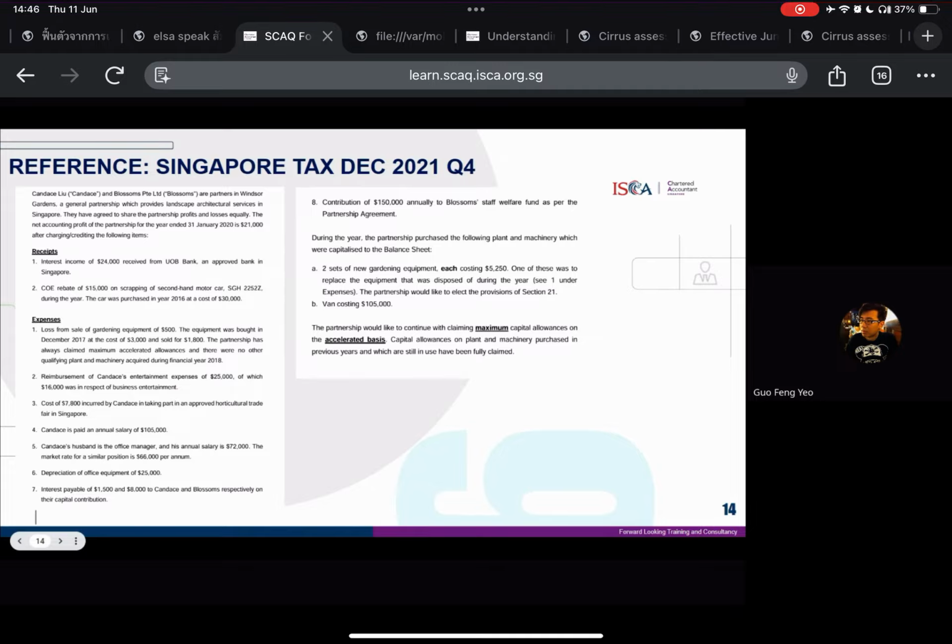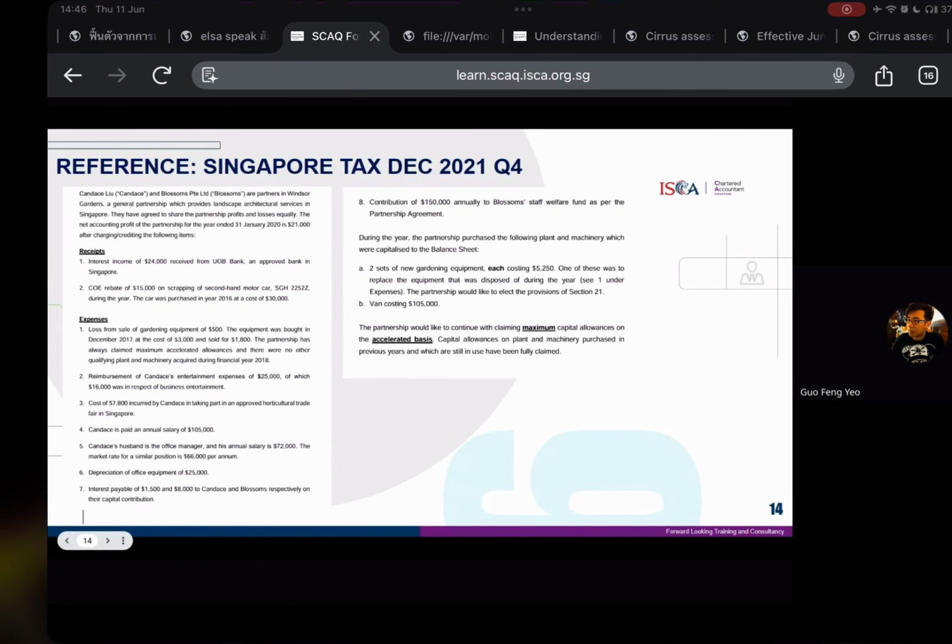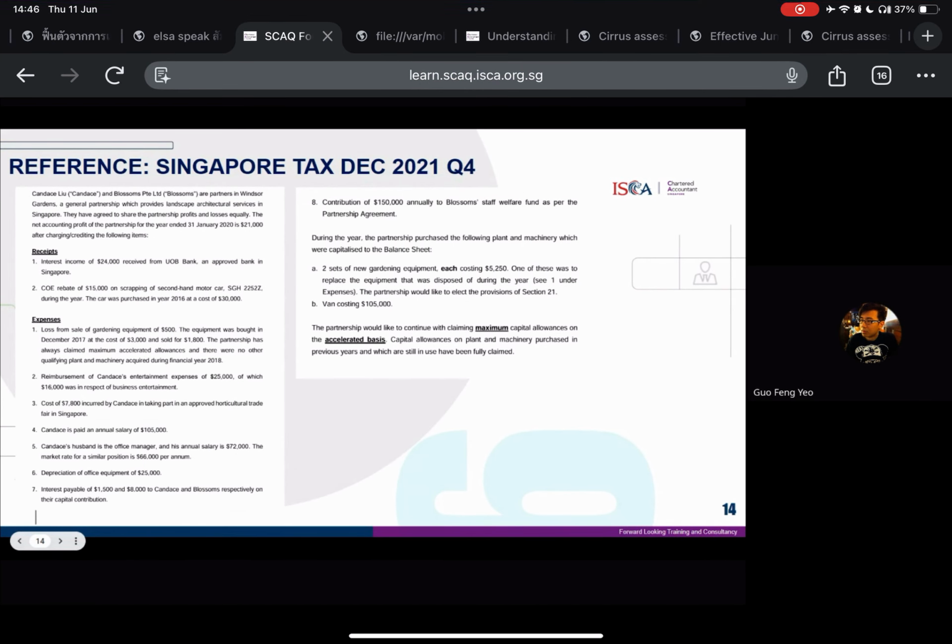Candace Liu and Blossoms Private Limited are partners in Windsor Gardens, a general partnership which provides landscape architectural services in Singapore. They have agreed to share the partnership profits and losses equally. The net accounting profit of the partnership for the year ended 31 January 2020 is 21,000 after crediting the following items.